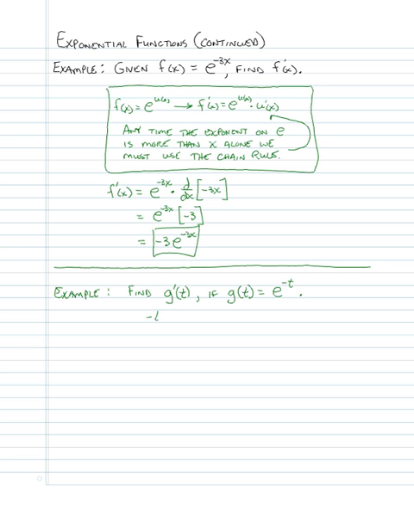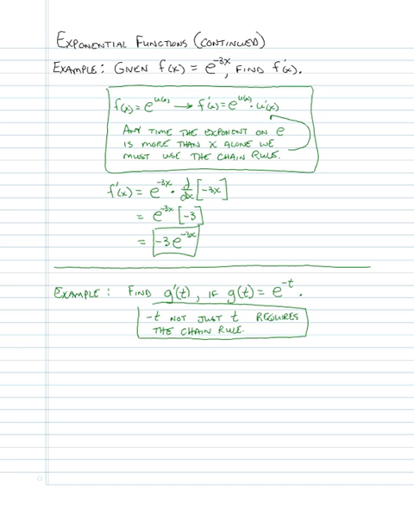See, negative t, not just t, requires the chain rule. And that means we have to multiply with the derivative of the exponent. So we're kind of back to the same thing. This is making clear that we understand we're not always talking about x's.